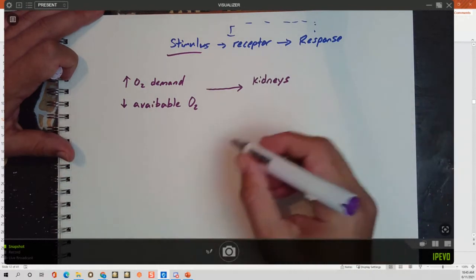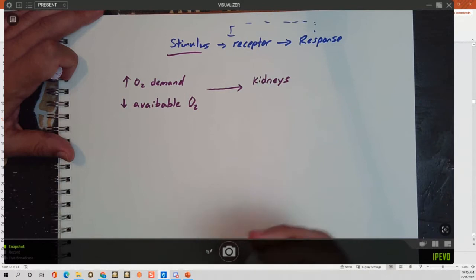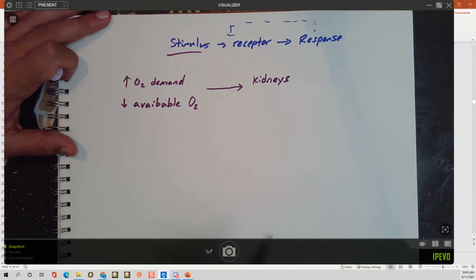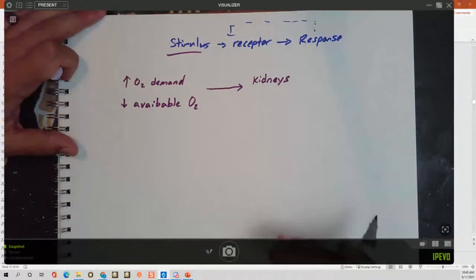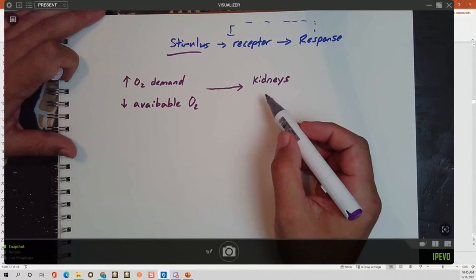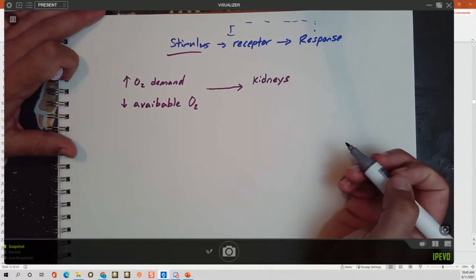Approximately every minute, 20% of your blood is filtered. Well, that's not quite right. Approximately every minute, 20% of your blood goes through your kidneys. So every 60 seconds, approximately 20% of your 5 liters has passed through your kidneys. What better organ for monitoring blood than the kidneys?